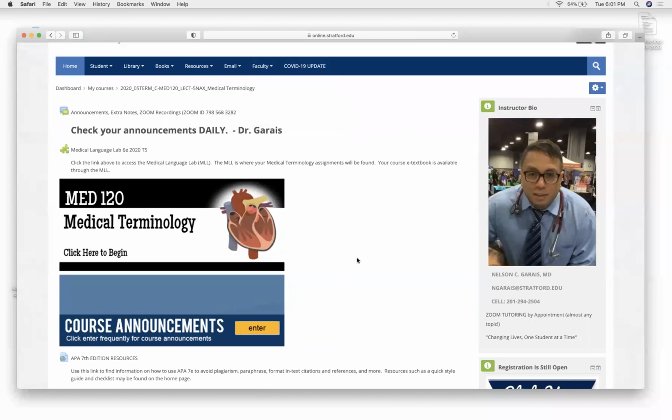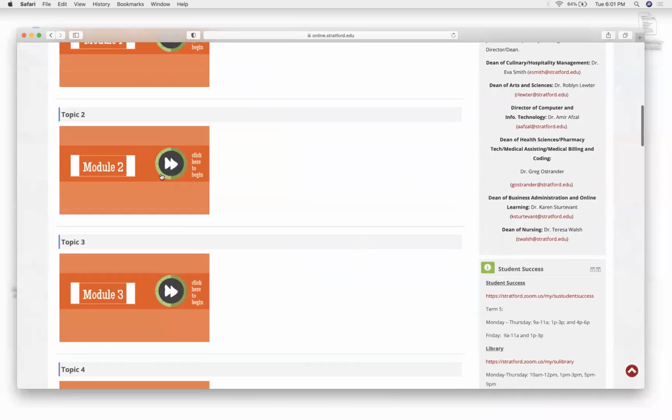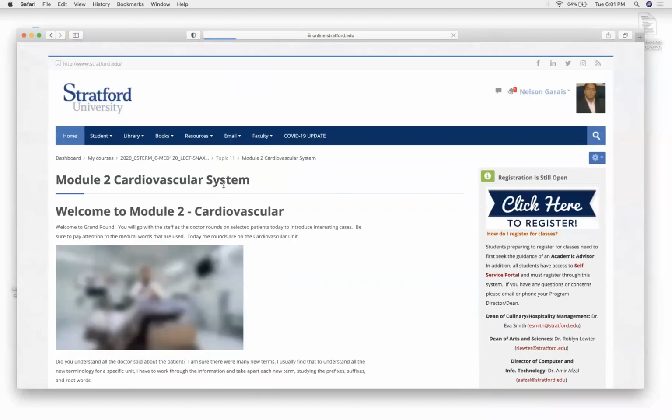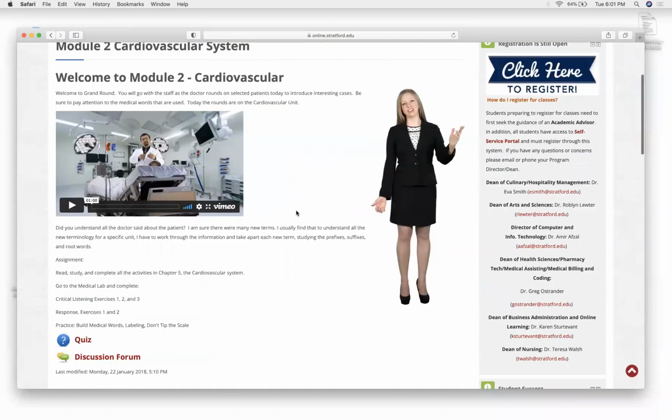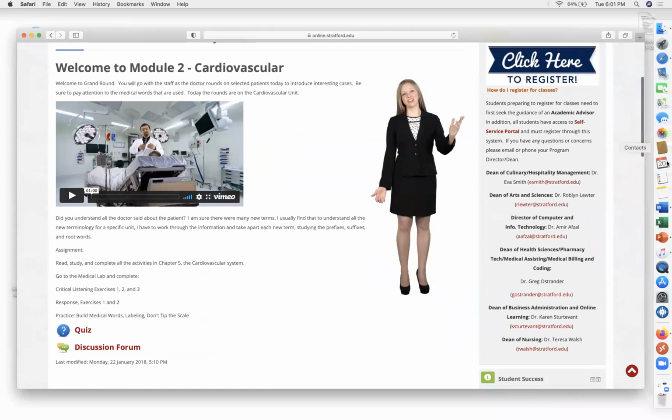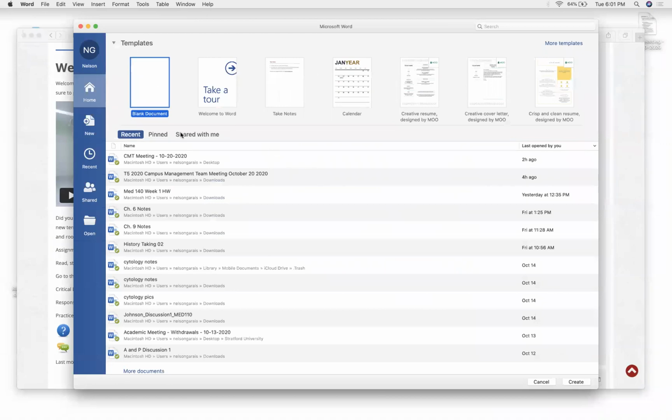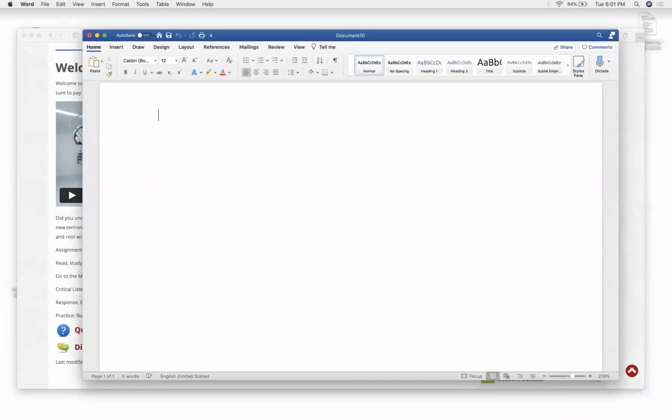So let's start with week 2 stuff, and week 2 is module 2. And just as a recap, we're doing the cardiovascular chapter this evening. And as a recap from last week, what did we learn? We learned that all medical terminology is in parts.